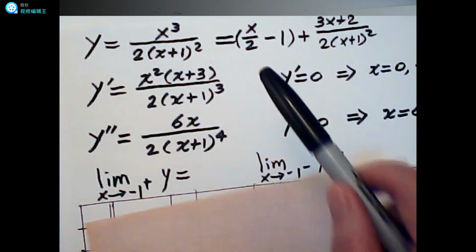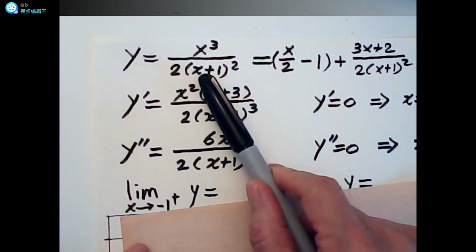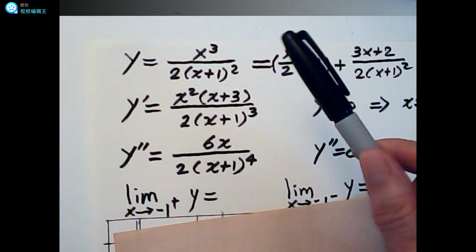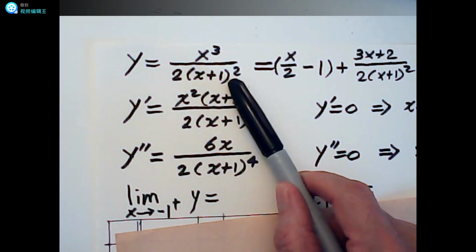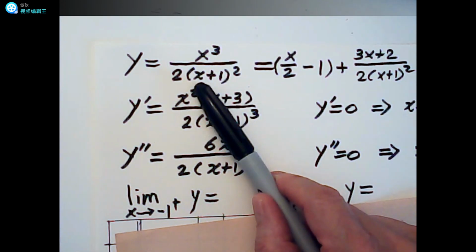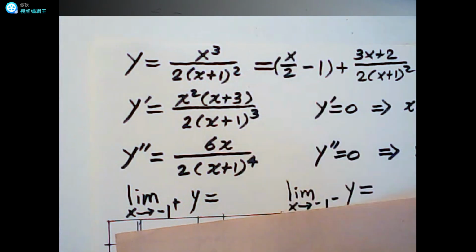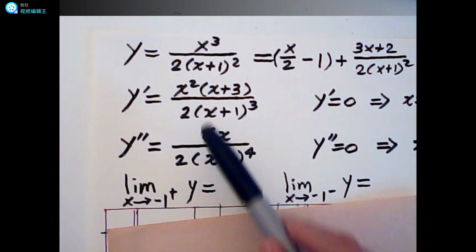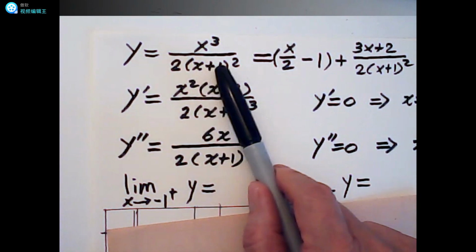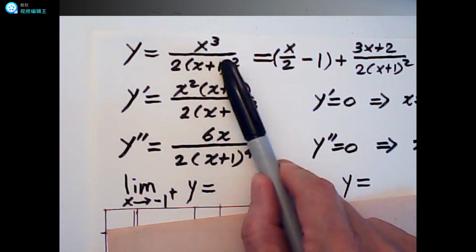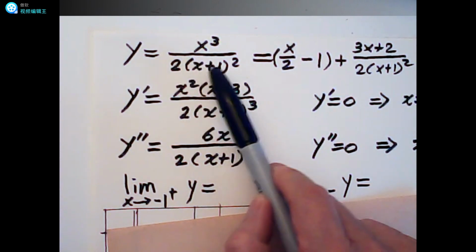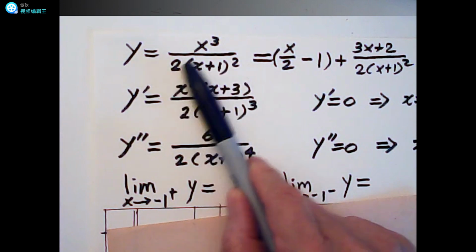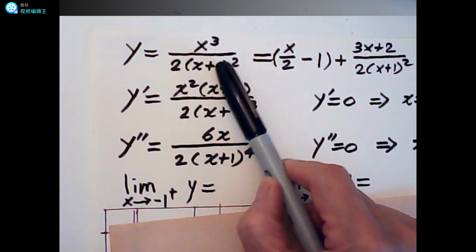Then asymptotes. Now, when x is approaching 1 from the right, x is close to 1, which is x is 1.00 something. X approaches negative 1 from the right, so this one is close to 0. If the denominator is almost 0, the y value is very large.